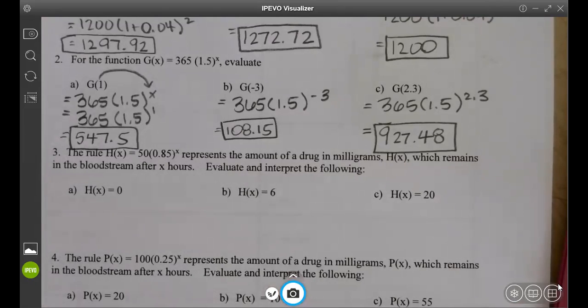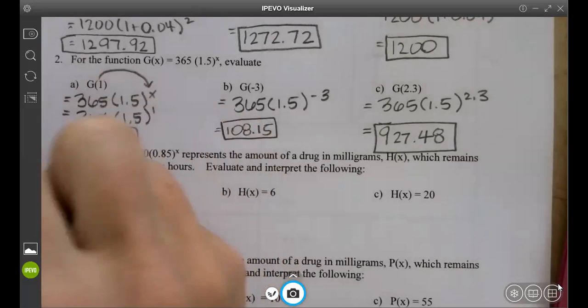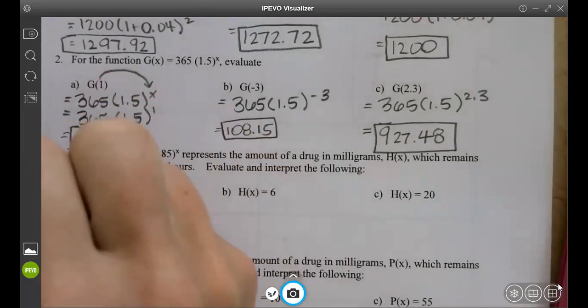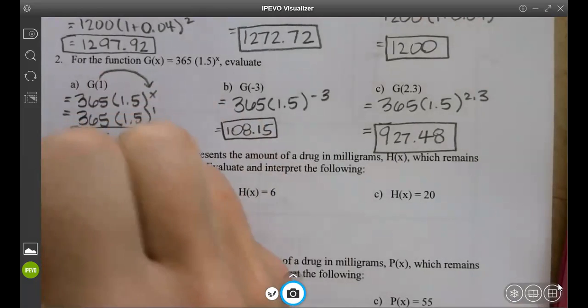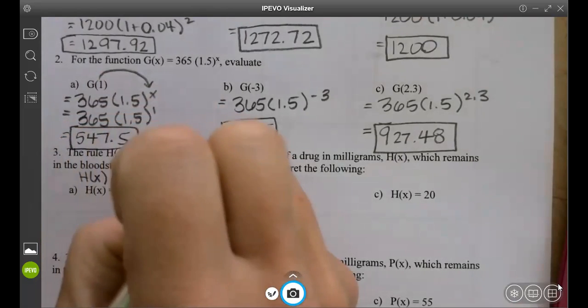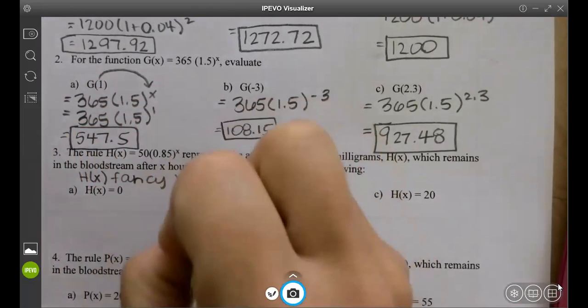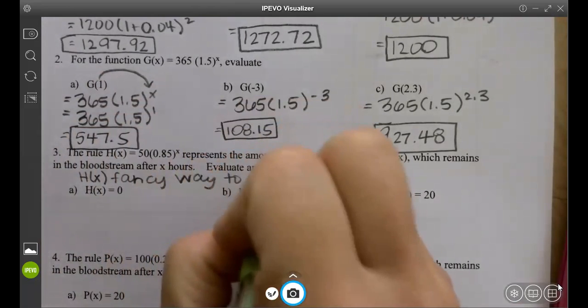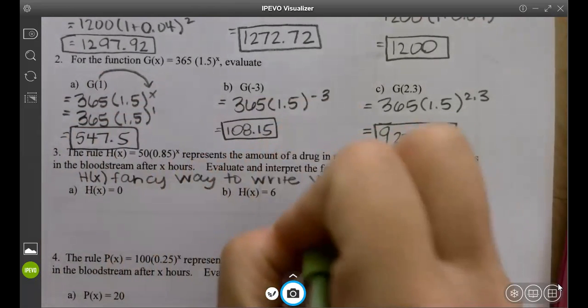So remember that h of x is a fancy way, actually function notation, to write y equals.